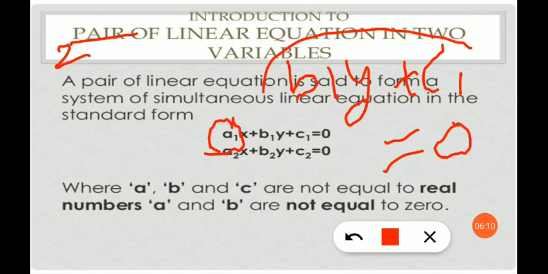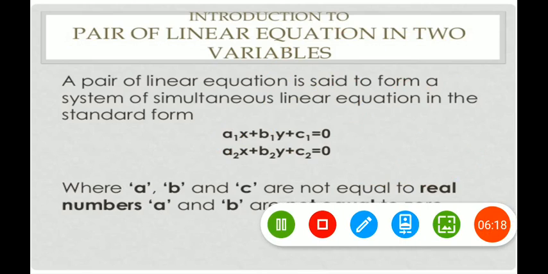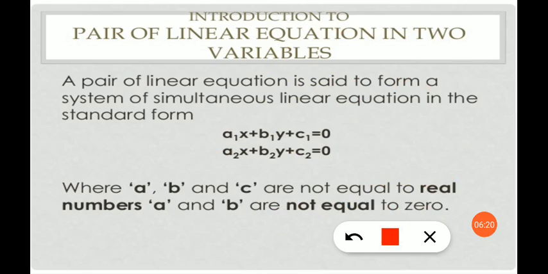So this becomes an equation in one variable only. Understood? That's why we are saying that the coefficients of variables will not be equal to 0. But our c1 and c2 can be equal to 0.